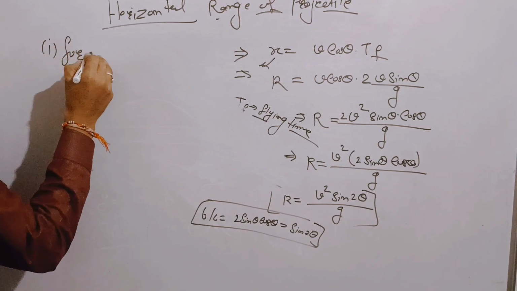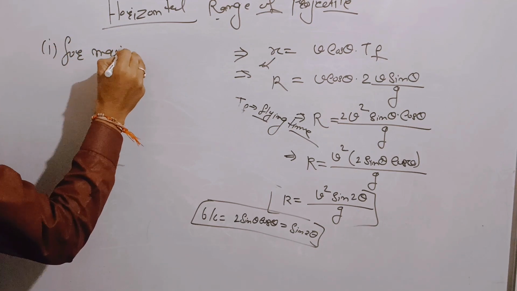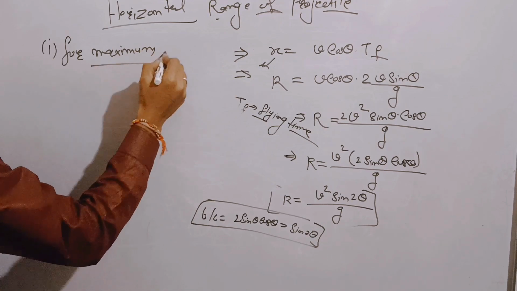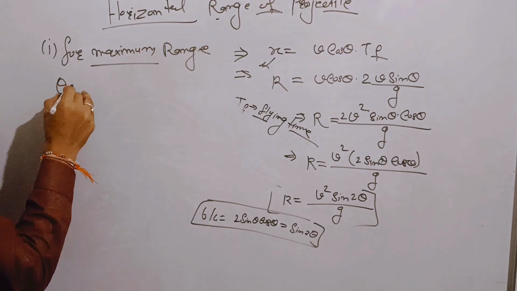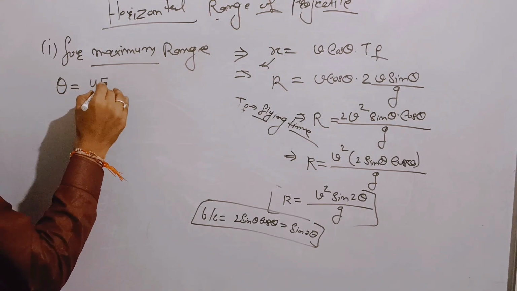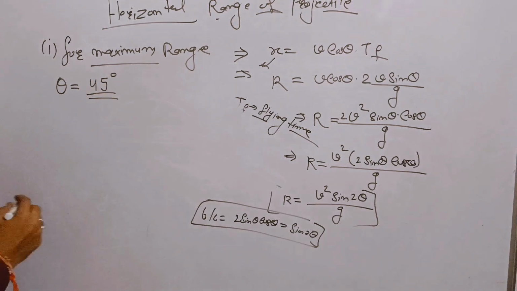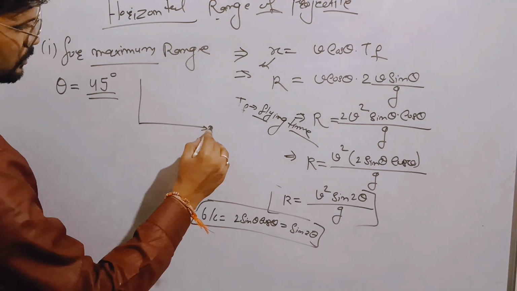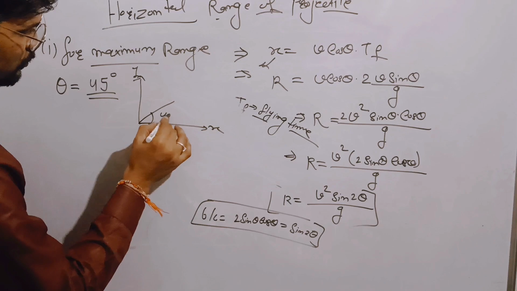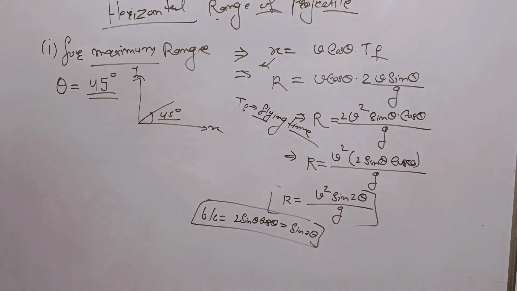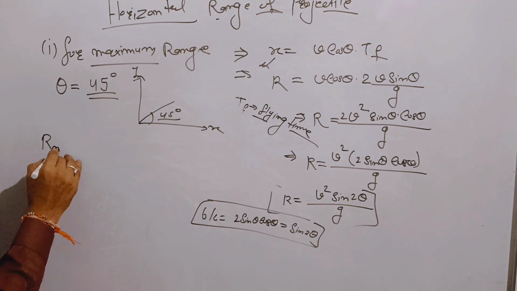So first, for the maximum range, put theta equal to 45 degrees. This is the x direction and this is the y direction. Theta is equal to 45 degrees, making an angle with the x direction.